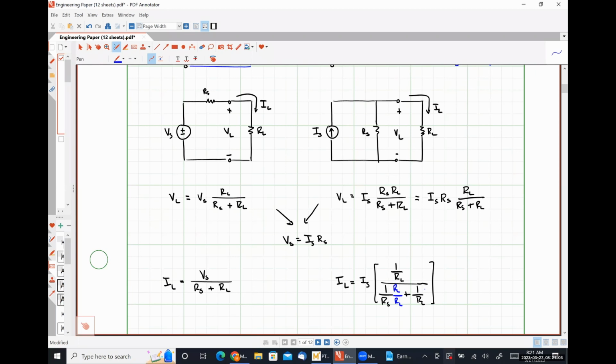And I'm going to multiply this 1 over RL times RS over RS. And so that's going to give me IS times 1 over RL, and then we're going to have RS plus RL over RS times RL.